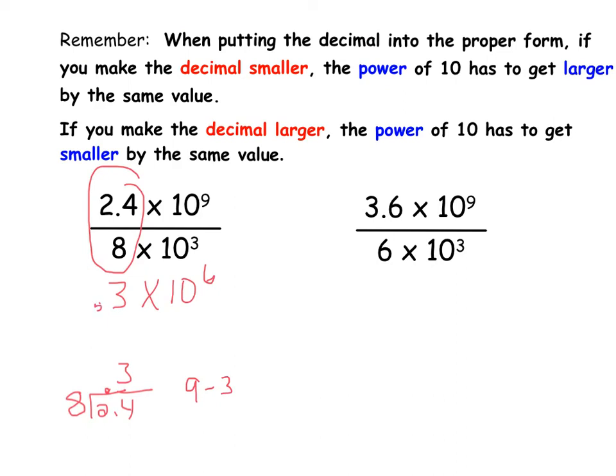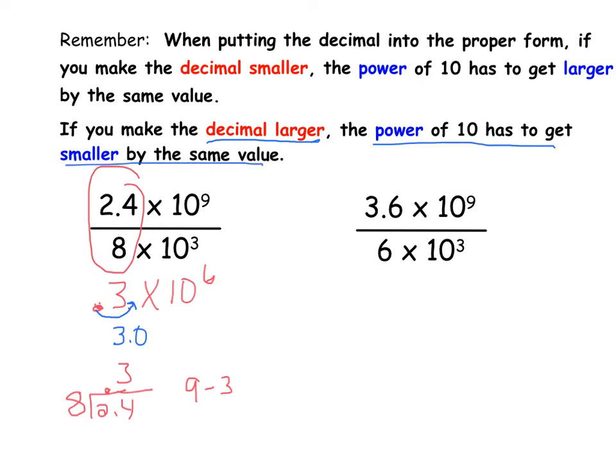So now I'm going to look, is it in scientific notation? Well, this number right here is not between 1 and 10. Remember, it needs to be at least 1, but less than 10. So we need to change that decimal, so we're going to move it over once. So now it is 3.0. And an easy way to remember this is if you make the decimal larger, which we did, the power of 10 has to get smaller by the same number.